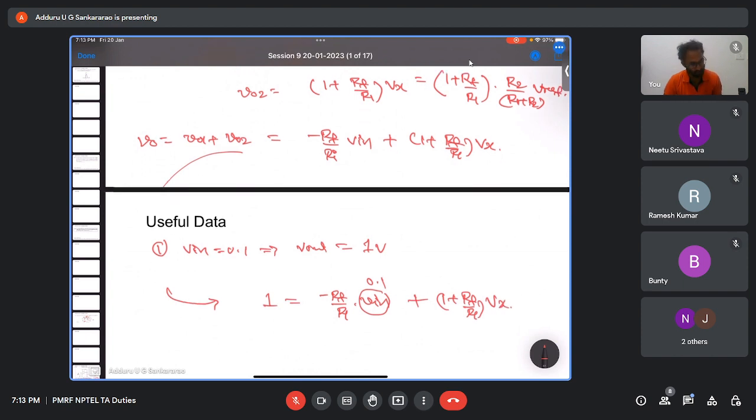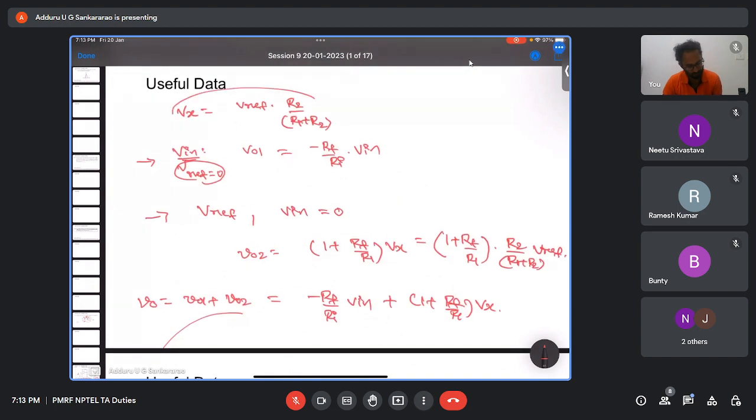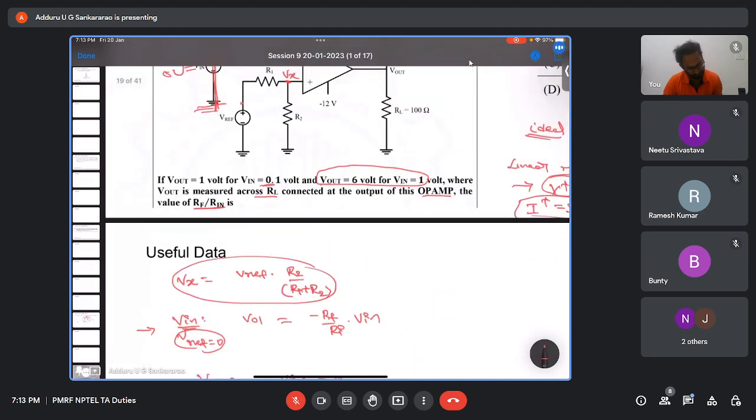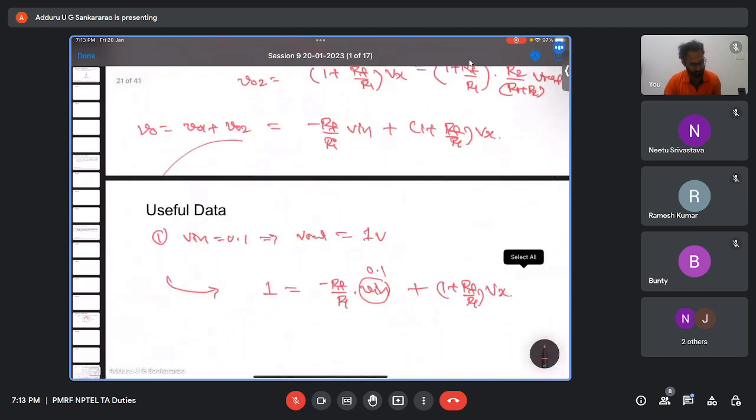Now what is Vx? They have said V reference has not changed, V reference is fixed. That means Vx is also fixed, some constant.